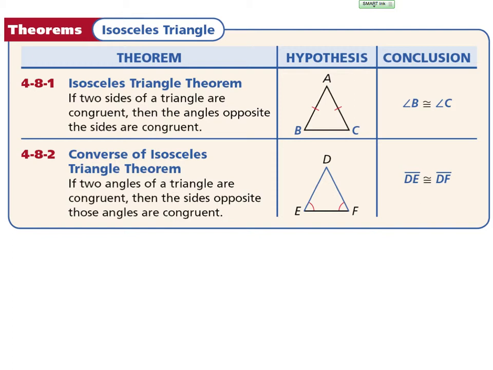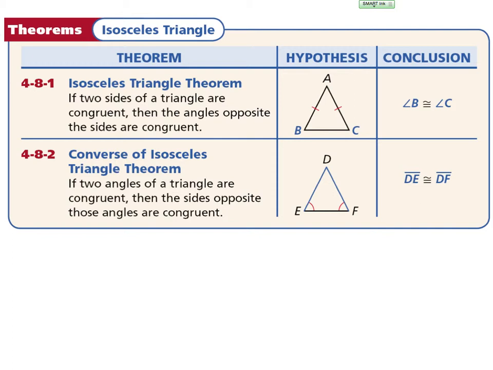It's formed by a leg and the base. So angle B is a base angle. How about angle C? What's it formed by? Formed by the base and the leg, so it's a base angle also. So in other words, these two angles are the two base angles that are congruent. Sometimes this theorem is stated just as: the base angles in an isosceles triangle are congruent. That's saying the same thing.